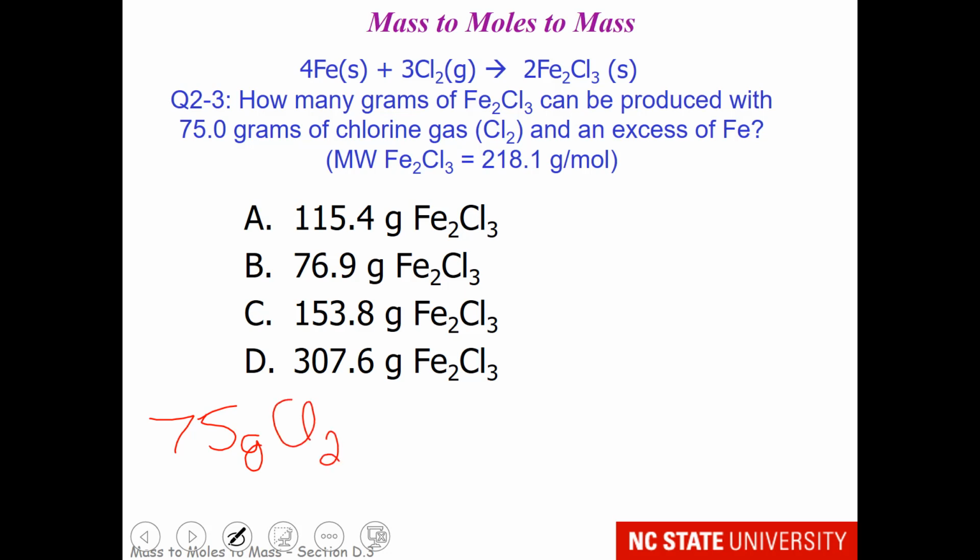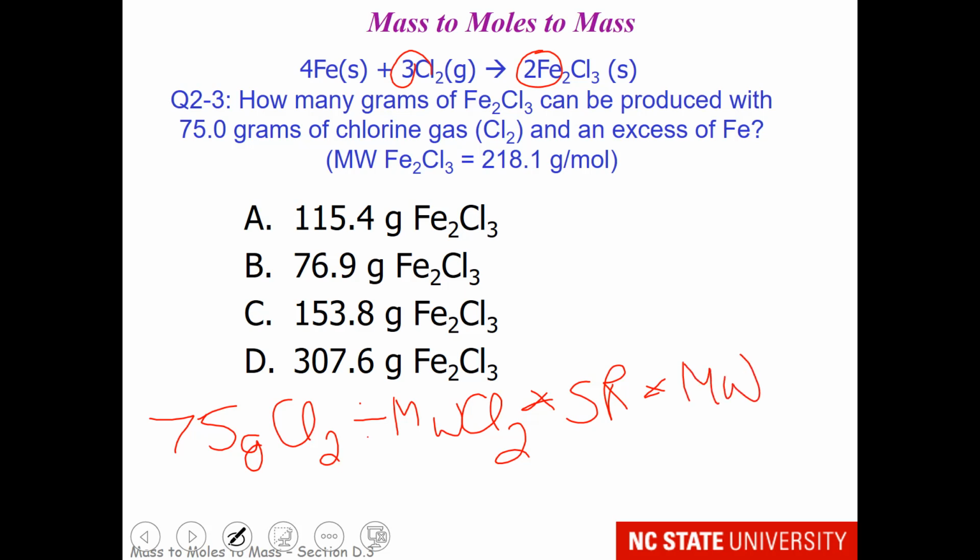What I recommend you do at this point is divide by the molecular weight of chlorine, multiply by some stoichiometric ratio. What would the stoichiometric ratio be? Well, we're looking at the ratio now between chlorine and iron 3 chloride. So that is the ratio that you would use. And finally, you would multiply by the molecular weight of my iron 3 chloride.